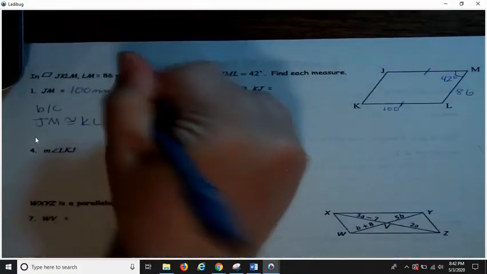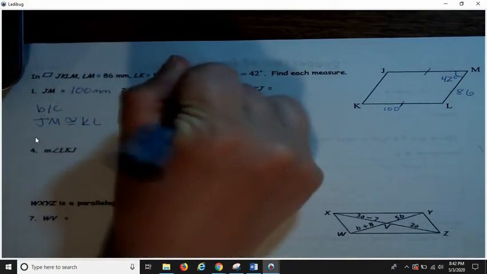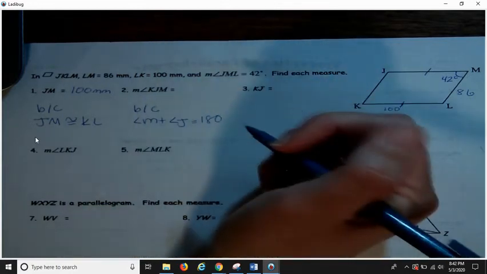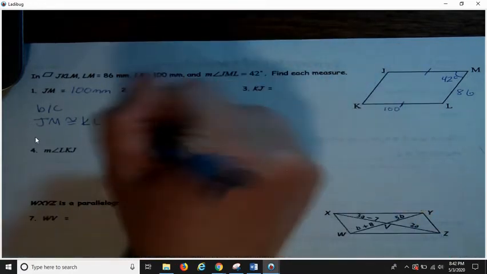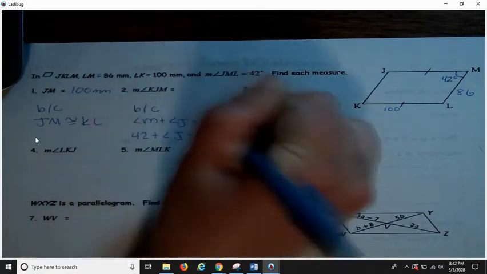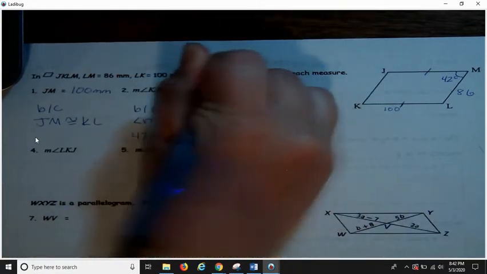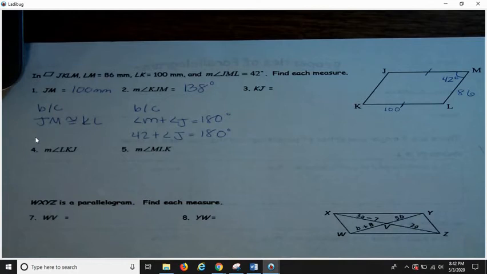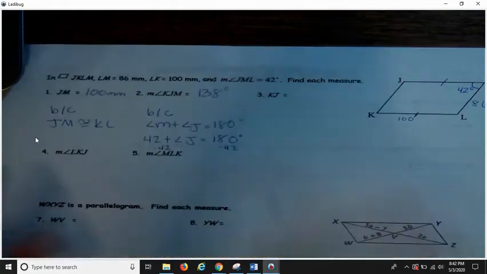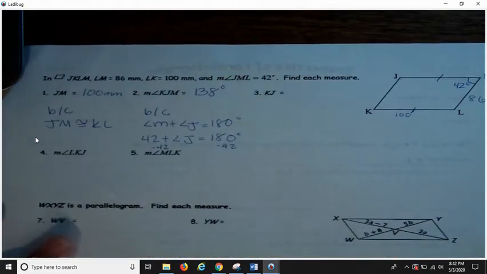So because angle M plus angle J is equal to 180, we can set up the equation 42 plus angle J equals 180 degrees to get 138 as our angle measurement. To do that, we just subtract 42 from each side. If you do 180 minus 42, you should get 138.